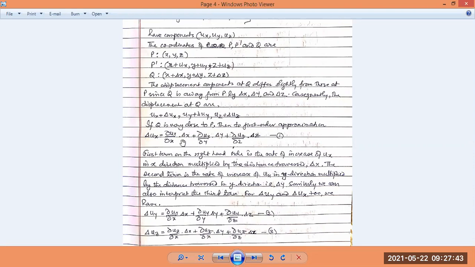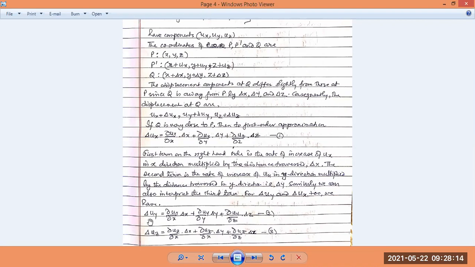The actual change in position means x is changed to x plus delta x, so the change in position is delta x. Similarly, the change of ux in terms of y should be multiplied by the change of the coordinate along the y direction, and the derivative of ux with respect to z is multiplied by the change in the z coordinate along the z axis itself.